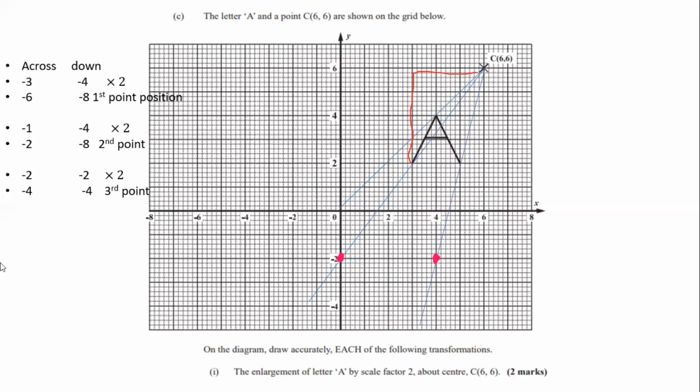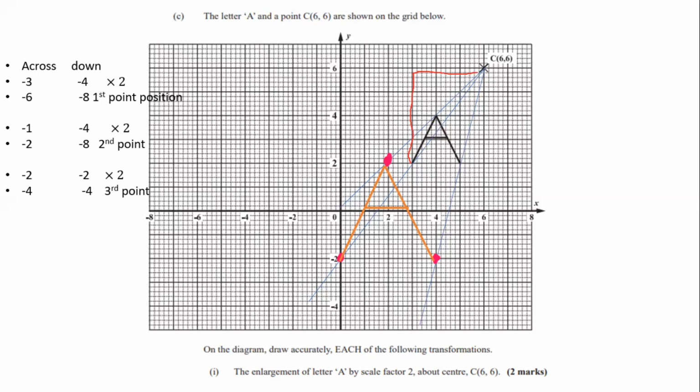And for the third point, it is 4 across, 4 down, so it is 1, 2, 3, 4, and then 4 down, 1, 2, 3, 4. So this is where our third point will be, which is 2, 2 in terms of coordinates. And now we can join our points to give us our perfectly drawn A, which was enlarged by a scale factor of 2 about the center 6, 6.